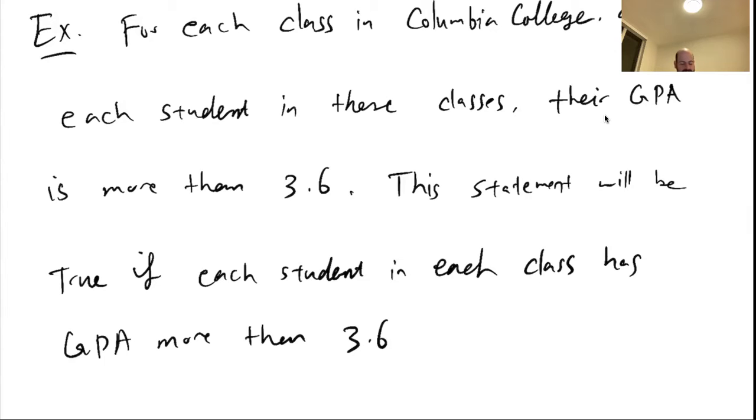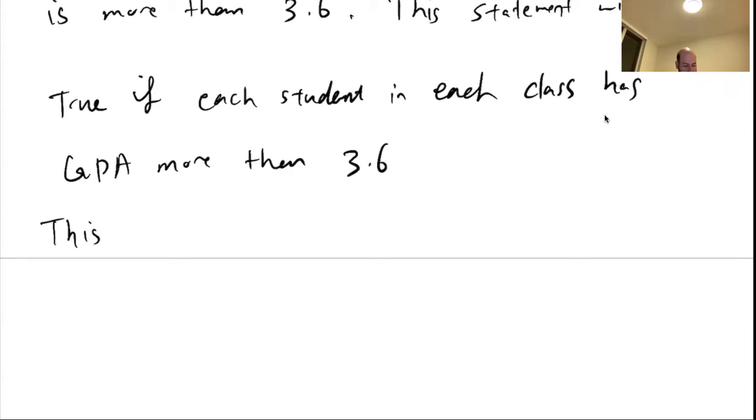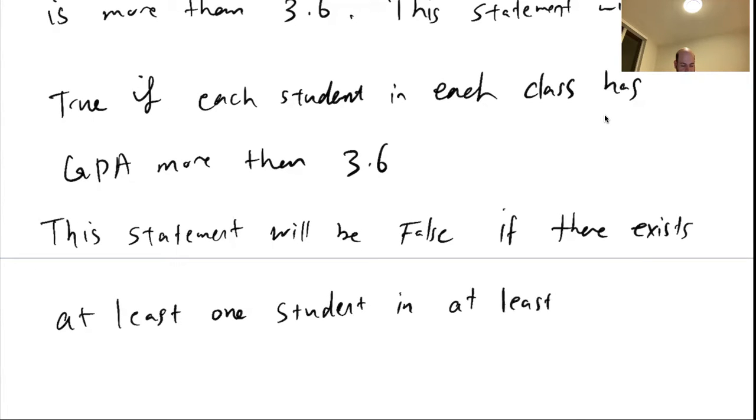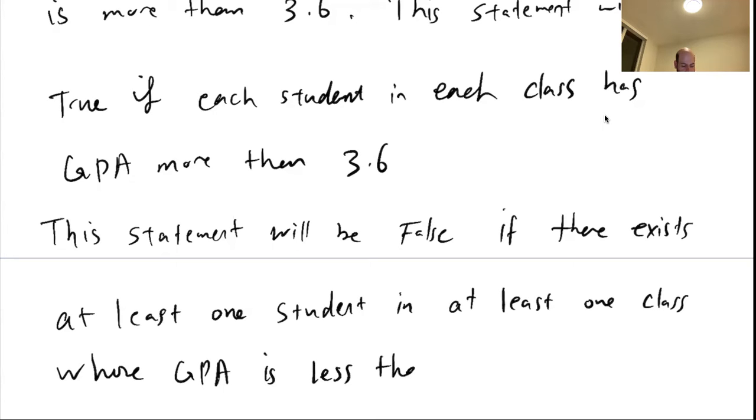And when can we say it's false? This statement will be false if there exists at least one student in at least one class whose GPA is less than or equal to 3.6.